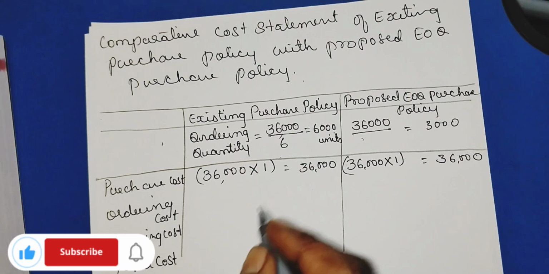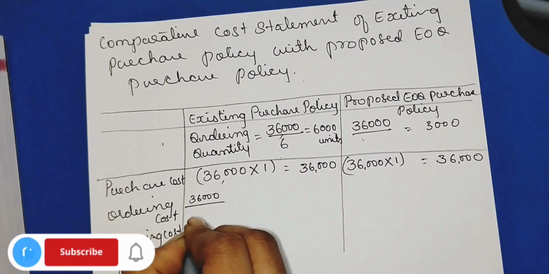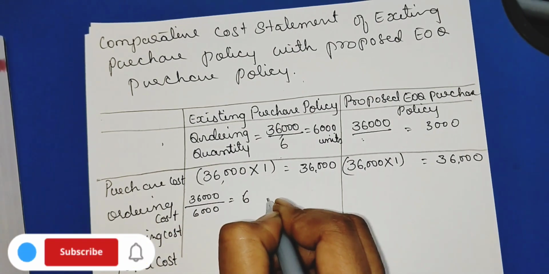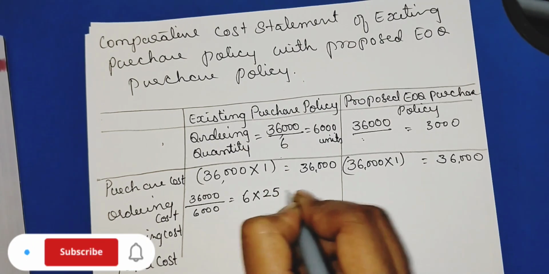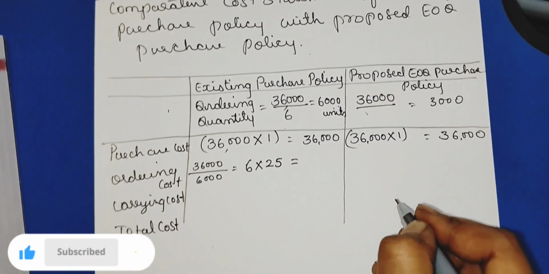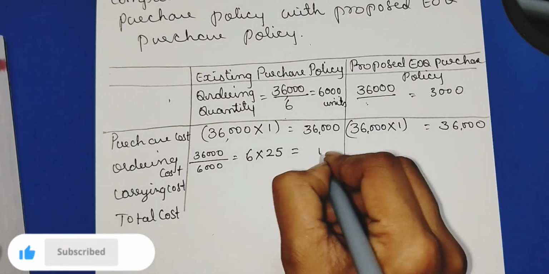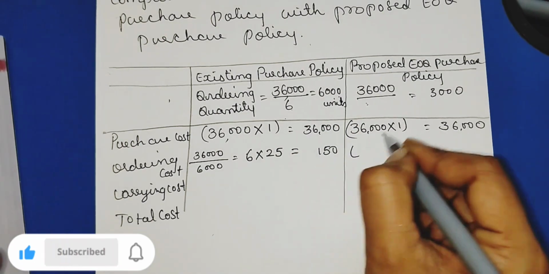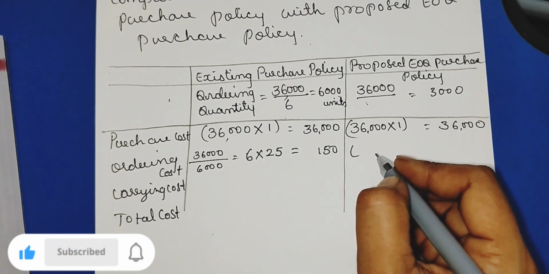So how many orders? Now you will understand. Now 36,000 divided by 6,000. How many orders? 6 orders. And what is the per order cost? 25 per order. Okay. 6 into 25 is 150 rupees. And here 36,000 divided by 3,000.